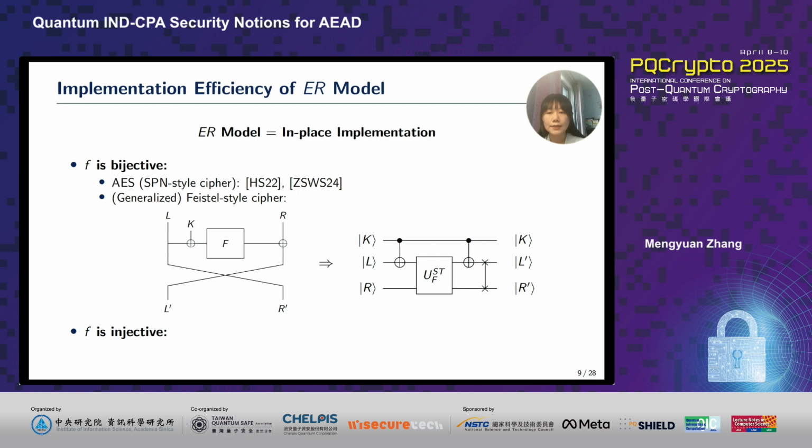First, for AES and more generally SPN-based ciphers, in-place implementations are not as straightforward, but recent works, including the two referenced here, have successfully built in-place implementations and achieved better efficiency in certain aspects. While Feistel-style block ciphers can be naturally implemented in-place by leveraging a standard oracle for the underlying function f, big F, as shown in the right figure.